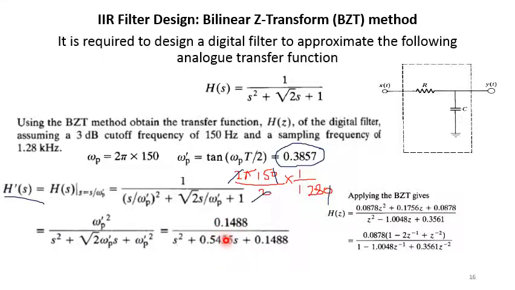I'll get this, and on simplification and further algebraic simplification this will result in H of Z equals this. I hope that it's straightforward to write the difference equation for this one.